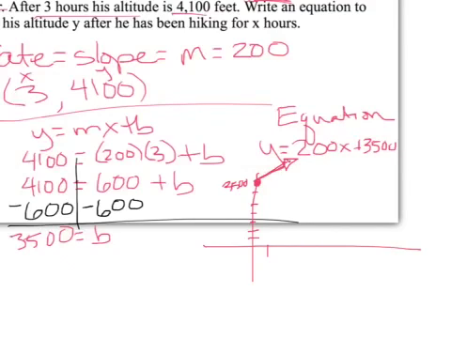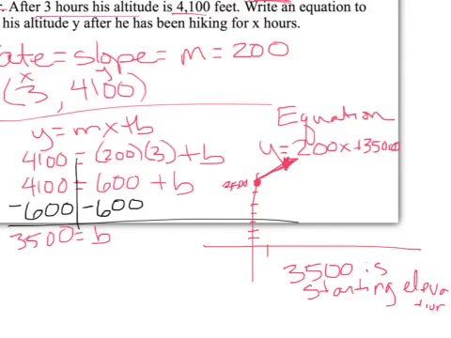So a lot of times with word problems, we only use the first quadrant. 3,500 is going to be his initial elevation. So it's the starting elevation, and then it only increases from here.